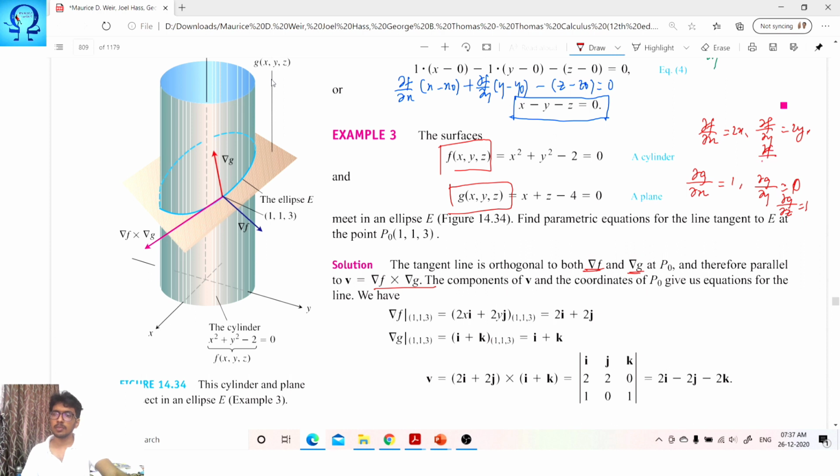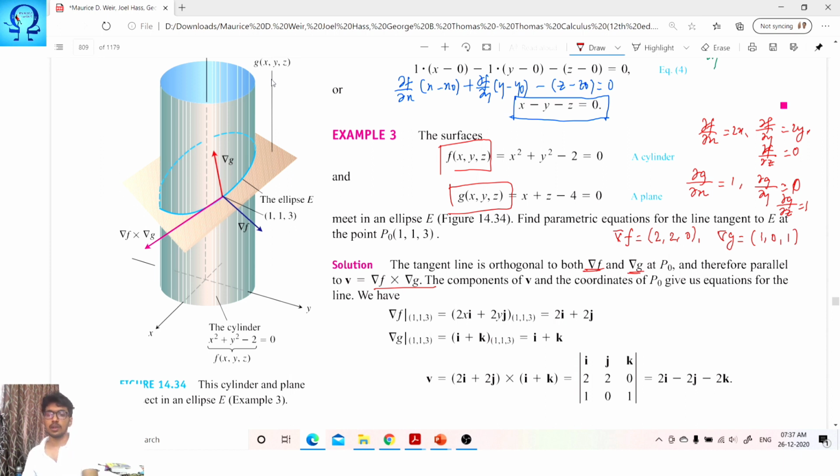So if you evaluate del f at the point (1, 1, 3), it is going to be (2, 2, 0), and del g is going to be (1, 0, 1).